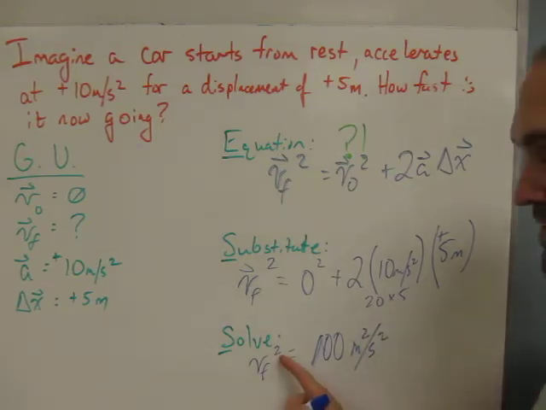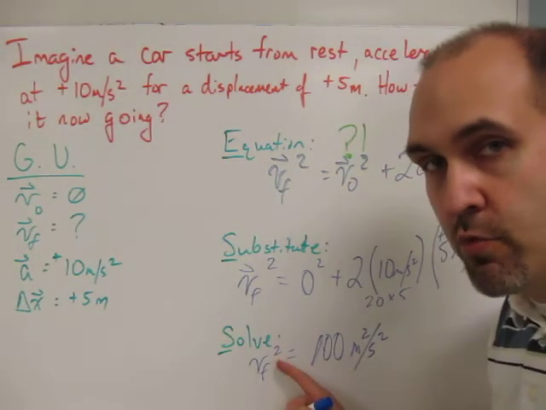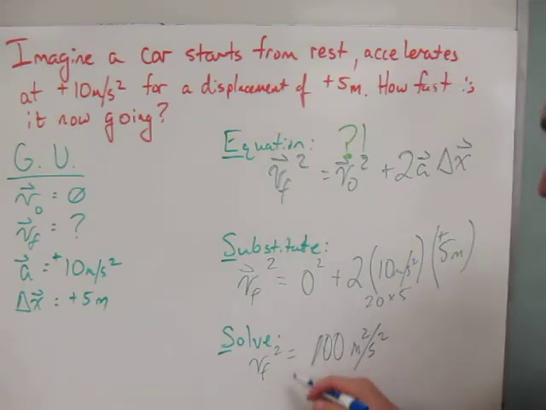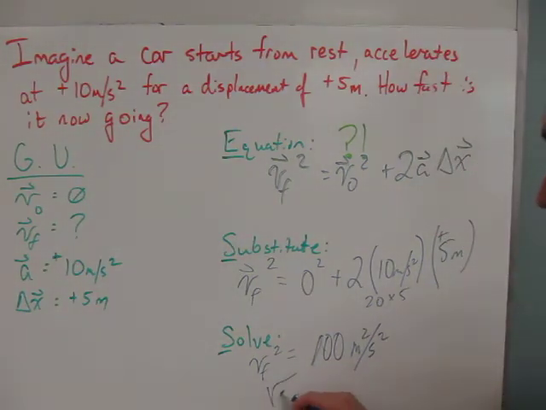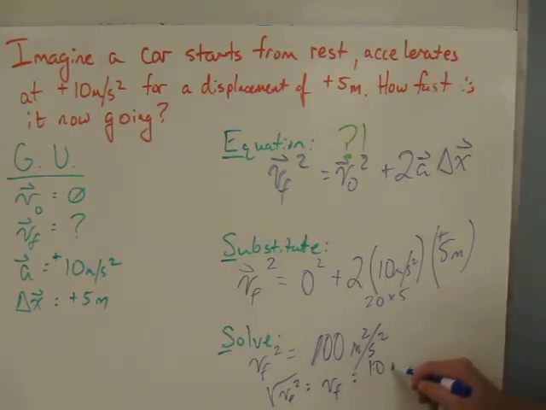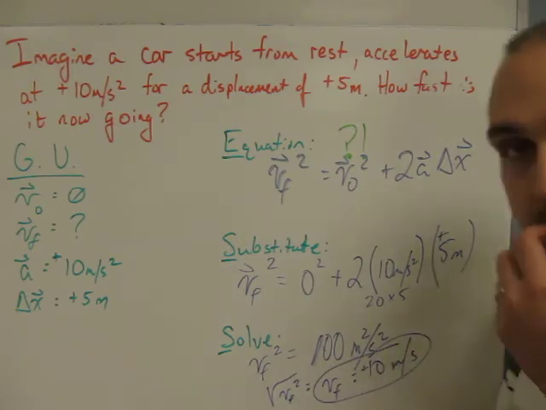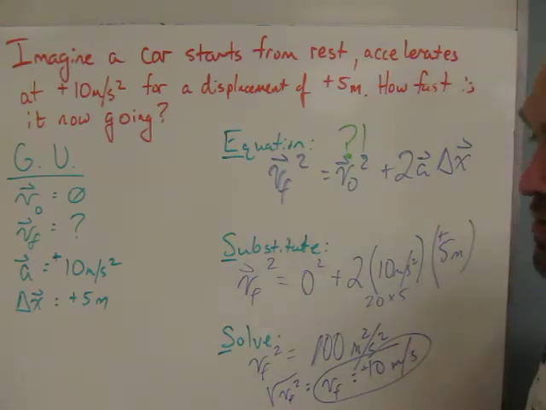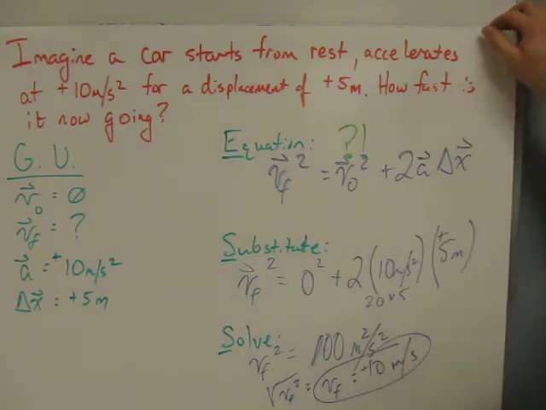And then I have to take the square root of that, right? Because we're looking for Vf, not Vf squared. So when I take the square root of both sides, I get Vf, which is the square root of 100, which is 10 meters per second. And I think we want the positive root, right? 10 meters per second. So we can use that new equation to handle situations like this.